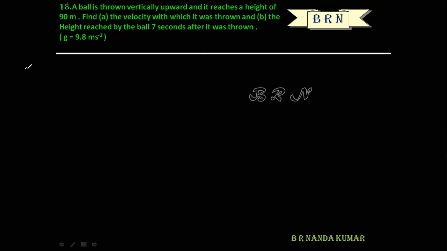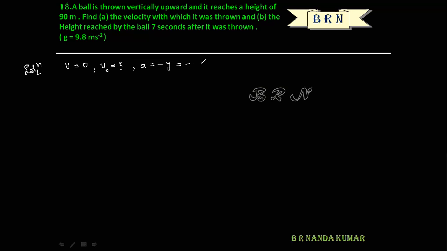Okay. So what is given here? What is the final velocity if it reaches a height of 90 meters? So its final velocity is equal to 0. So we have to calculate the velocity with which it was thrown, that means the initial velocity. If a ball is moving vertically upwards, the acceleration of the ball is minus g, right?